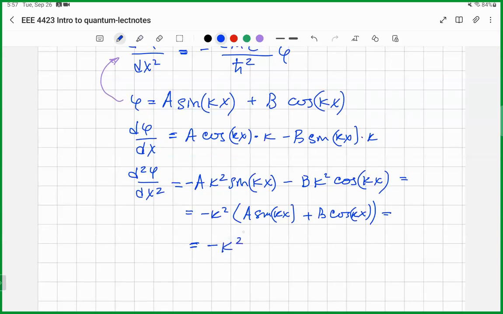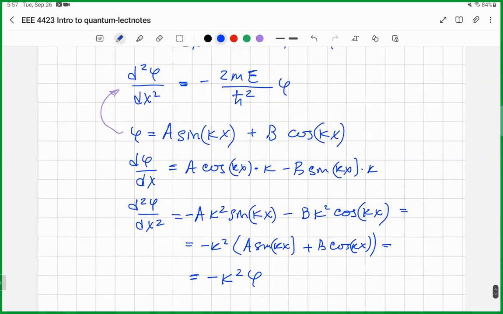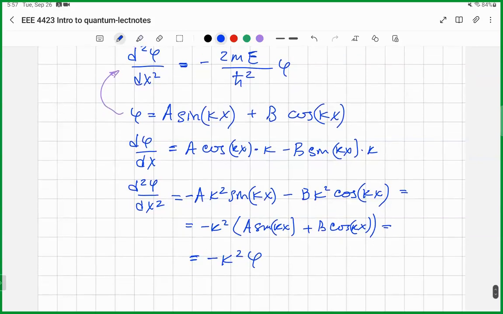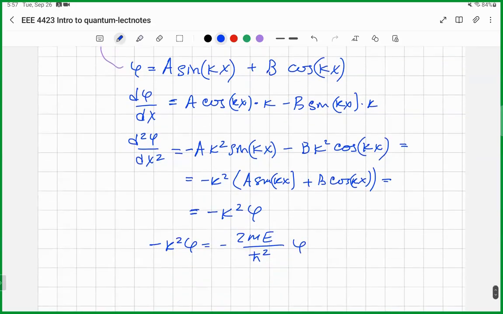So it's going to be minus k squared phi, right? Okay, so now we can go ahead and plug this into the equation, and we're going to get minus k squared phi equal to minus 2m e over h bar squared phi.